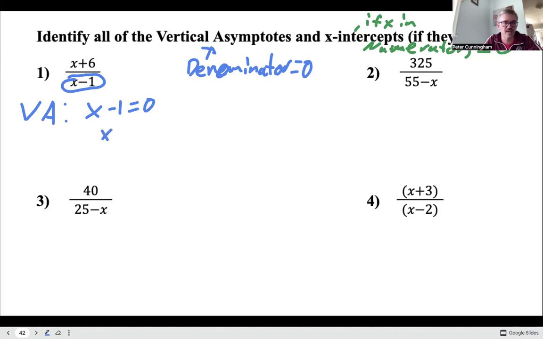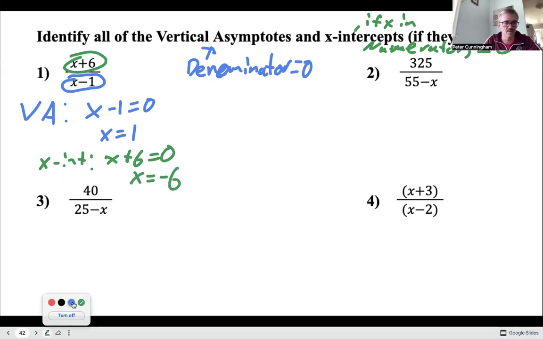So that means that x equals 1. Okay, we have an x in the numerator. So we say the x-intercept, x plus 6 equals 0, which means that x needs to equal -6.